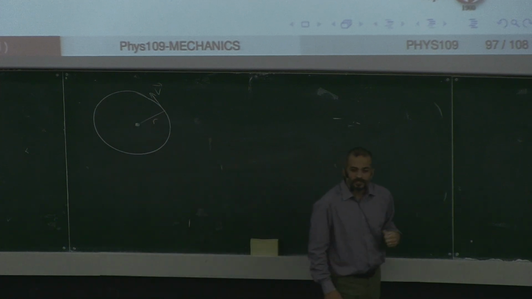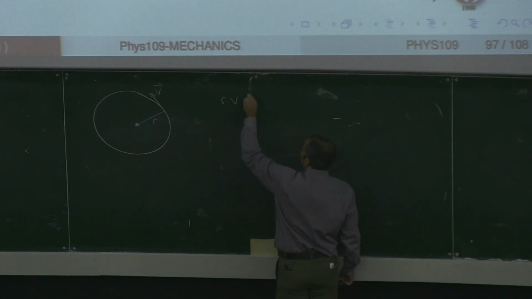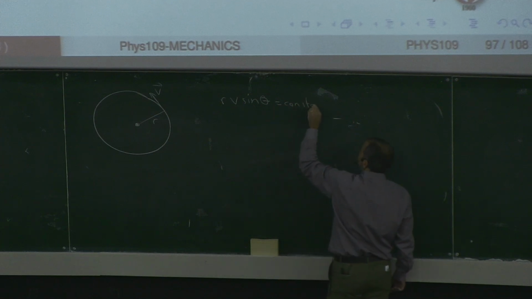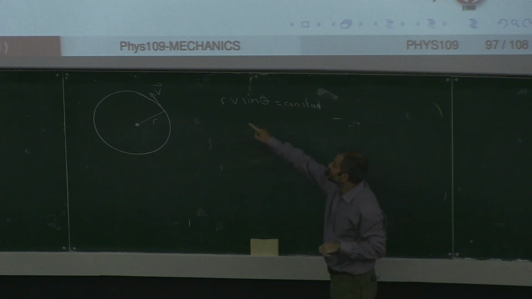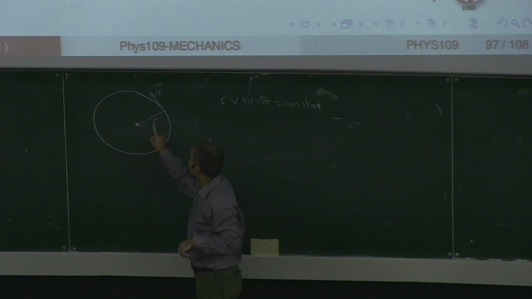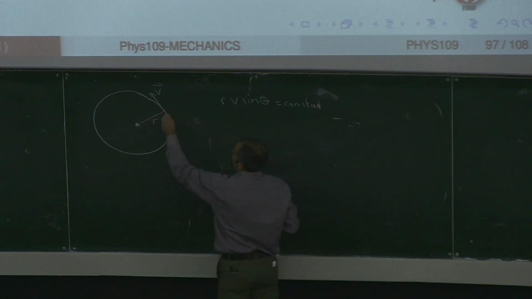Now, already Kepler's second law told us that r v times sine of theta is constant. Well, for a circular orbit, r is the same no matter where you are on the orbit. r has the same value here, here, there, the distance from the sun. Sine of theta, well, for a circular orbit, theta is always 90 degrees.